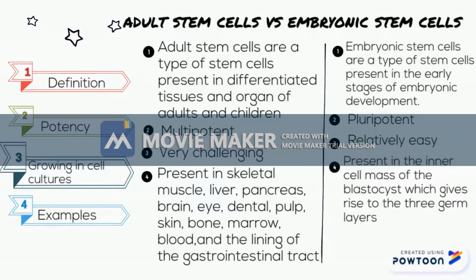Potency: multipotent, pluripotent. Growing in cell cultures: very challenging, relatively easy. Example: present in skeletal muscle, liver, pancreas, brain, and bulb. Present in the inner cell mass of the blastocyst that gives rise to the three germ layers.